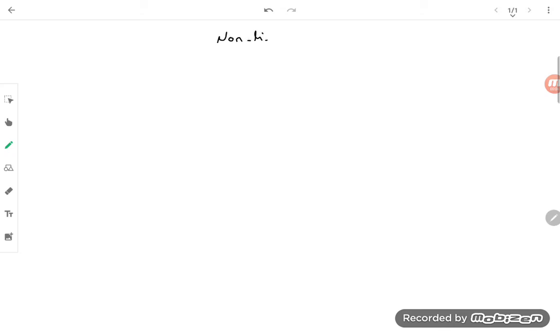Today we are going to talk about the nonlinear equilibrium model. As we said before, equilibrium is a situation with no tendency to change.